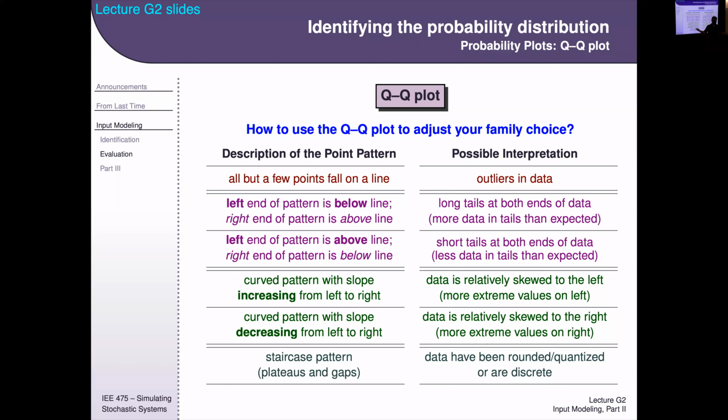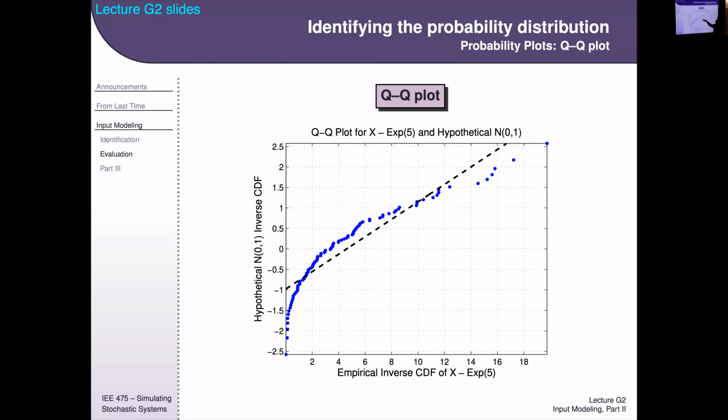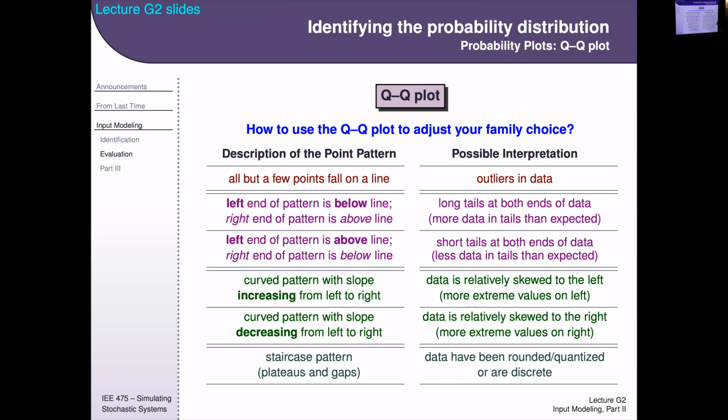Oh, the exponential, that's a skewed distribution. Because I compared it to a symmetric distribution, it's saying the data has a lot more skew than a symmetric distribution, so I need a skewed distribution. So the QQ plots help you find the coarse-grained families that your data might fit.